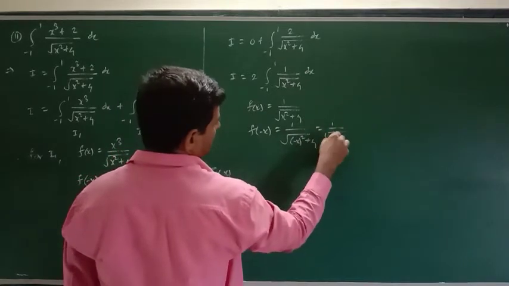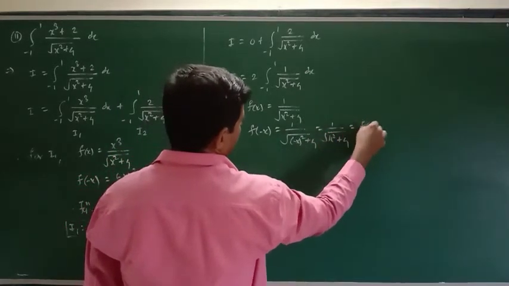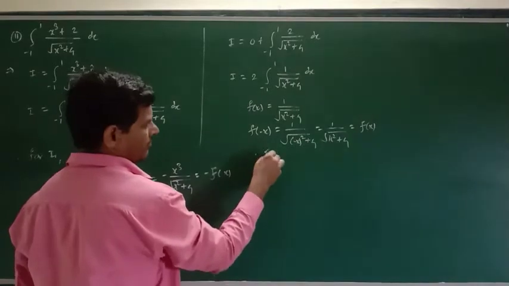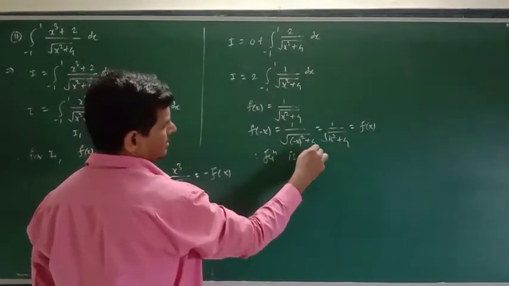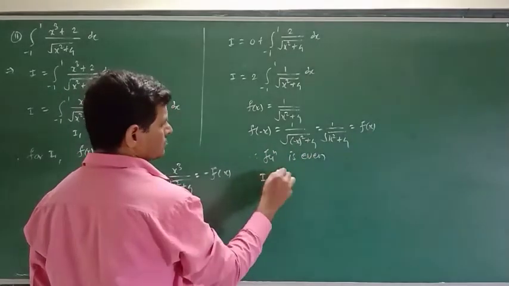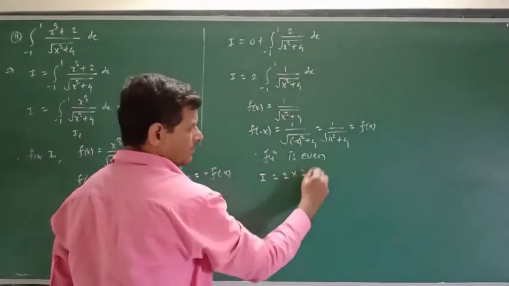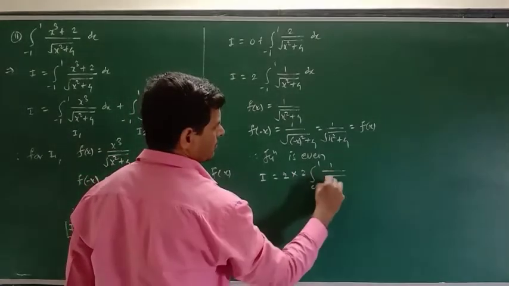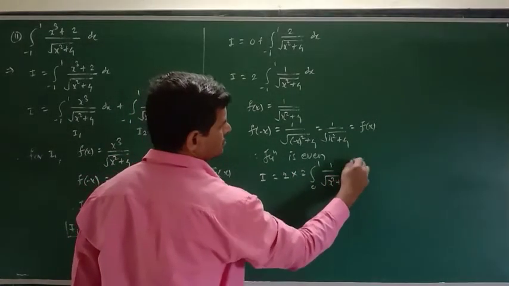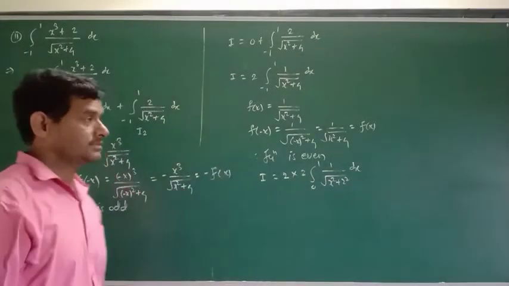So 1 upon root x square plus 4 is f(x). Therefore the function is an even function. So I is equal to 2 into this integral, which again becomes 2 times the integral from 0 to 1 of 1 upon root x square plus 2 square dx.